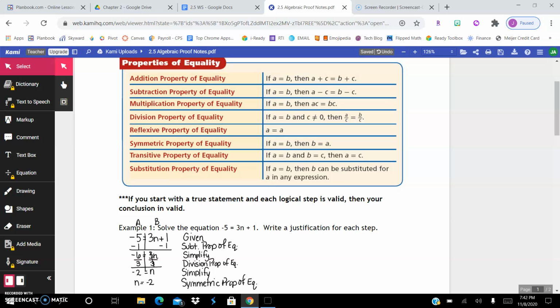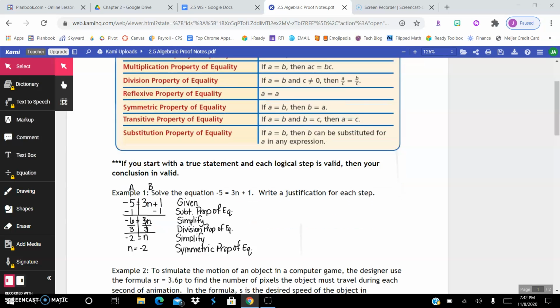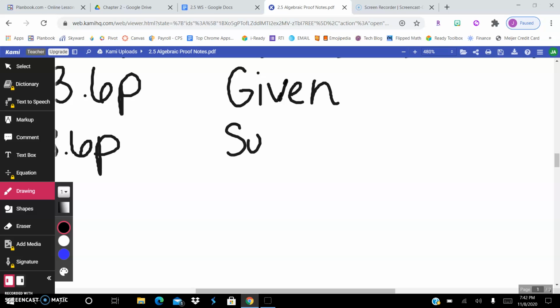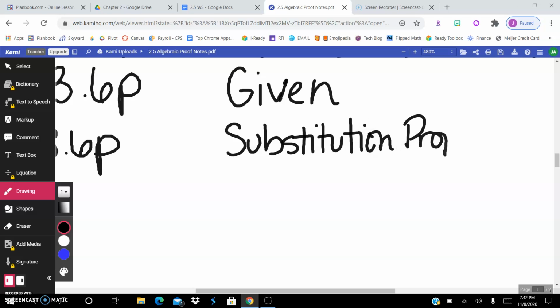That would be the substitution property of equality. It says if A is equal to B, then B can be substituted for A in any expression. So we can replace those. So this is the substitution property of equality.